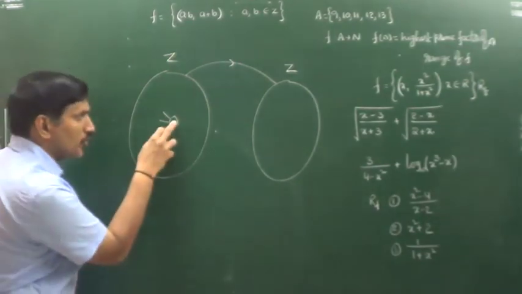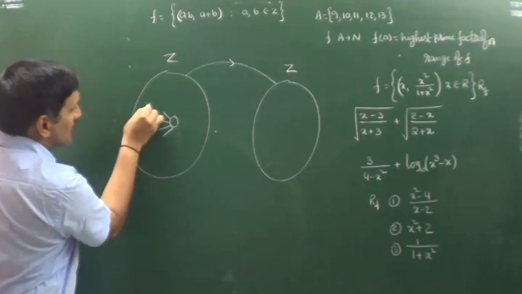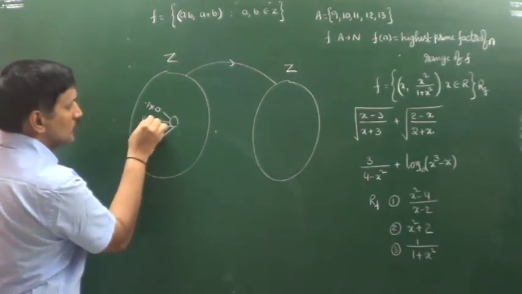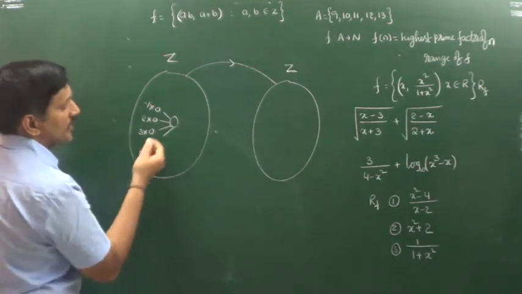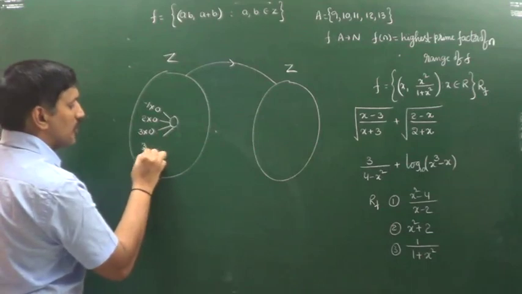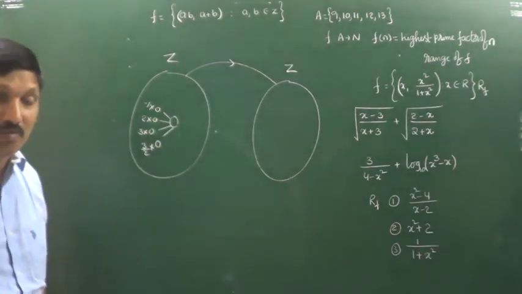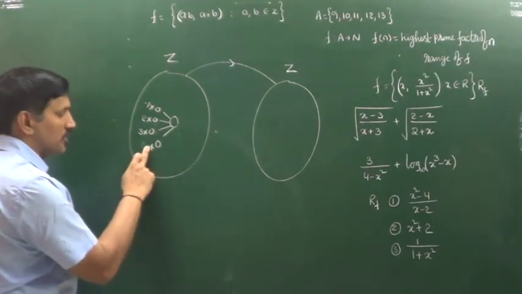Now here 0 is there. How will we get that 0? Minus 1 into 0 you will get 0. 2 into 0 you will get 0. 3 into 0 you will get 0. Yes or no? But don't write 3 by 2 because we are talking about integers.